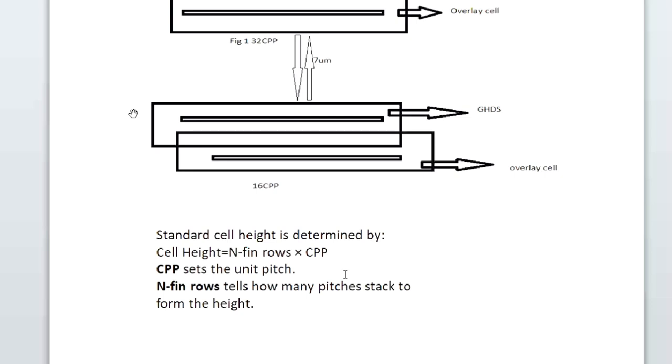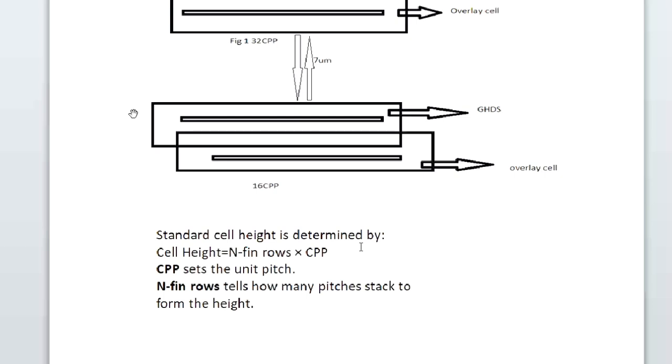If the CPP value is low, cells are densely packed, and manufacturing issues will be there, with more IR drops and routing issues.